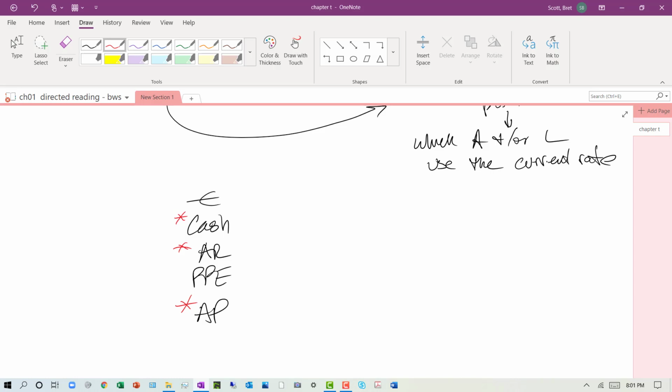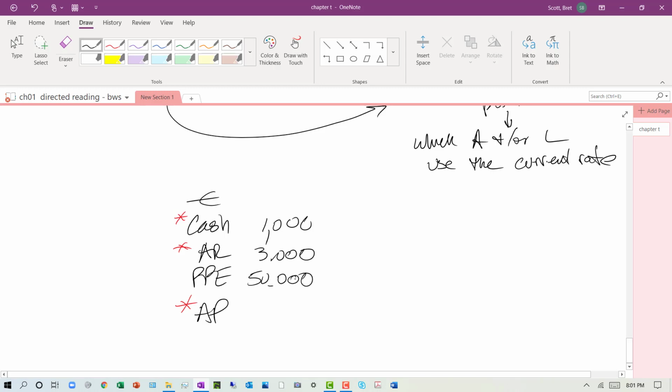So if I look at those balances, let's say the beginning balances are 1,000, 3,000, 50,000, and 6,000.